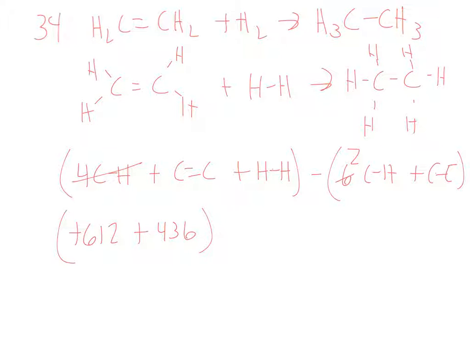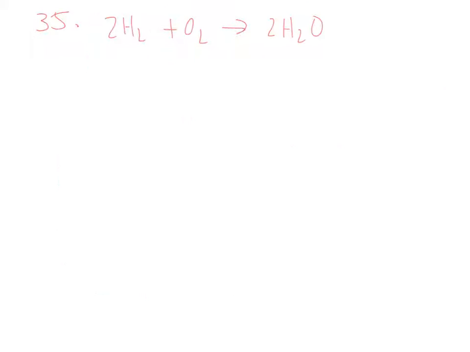And then that's going to be minus 2 carbon-hydrogen single bonds, so 2 times the 413, plus the carbon-carbon single bond, which is 347. And when I punch in the numbers, I end up with negative 125 kilojoules. So an exothermic process.